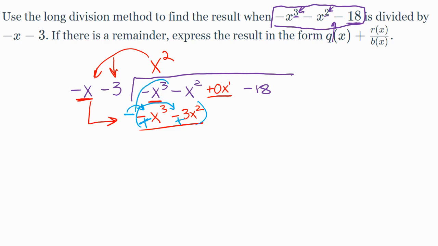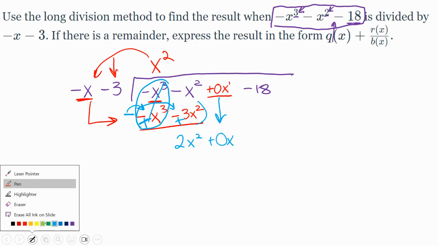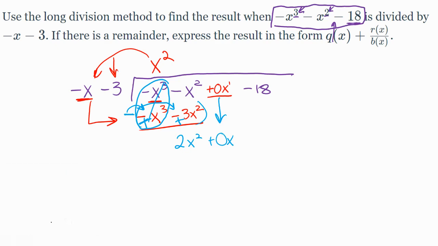First two terms cancel out by design, and then I have negative x to the second, and then adding 3x squared should give me a 2x squared, and bring down my 0. You can just put plus 0 or 0x or 0x to the 1, doesn't matter, but it needs to be something there, like a 0. So then I go ahead and look at this 2x squared and this negative x, and I ask myself what I multiply the negative x by to get a positive 2x squared.